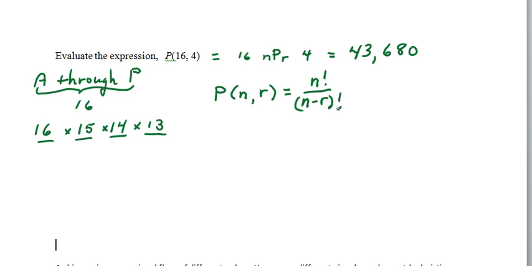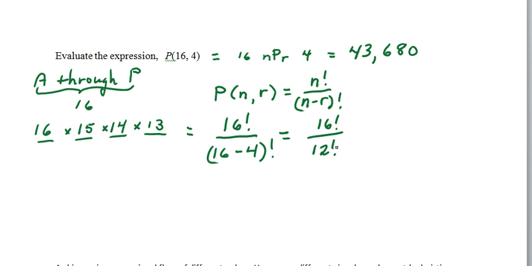So notice in the case of the number of permutations of 16 things taken 4 at a time, this would be 16 factorial over 16 minus 4 factorial, which is 16 factorial over 12 factorial.